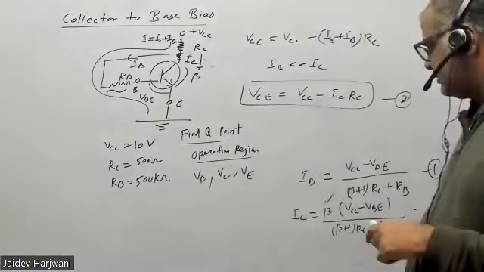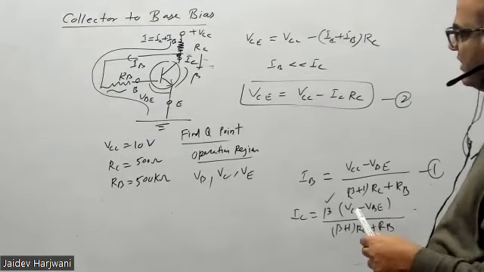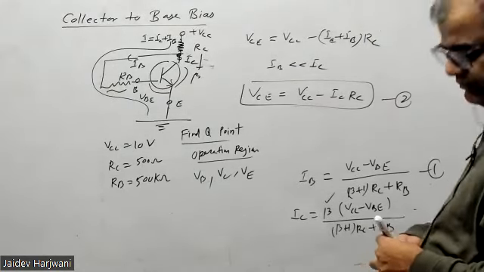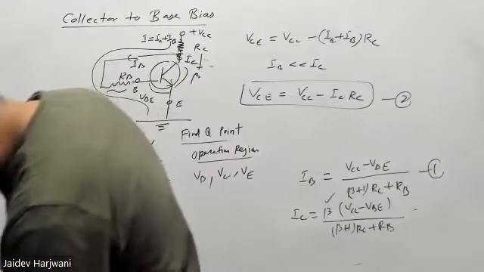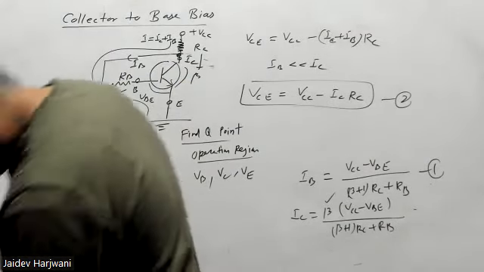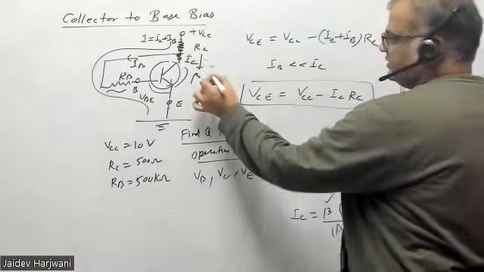So that is the equation. What do you want more? The beta value. Beta value is 100 in the question.